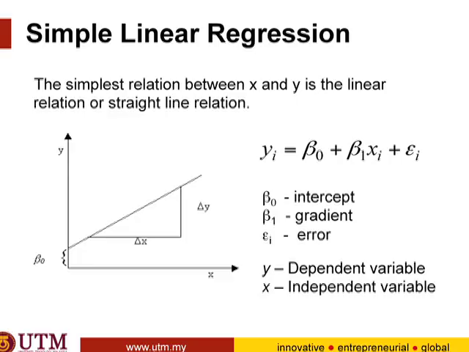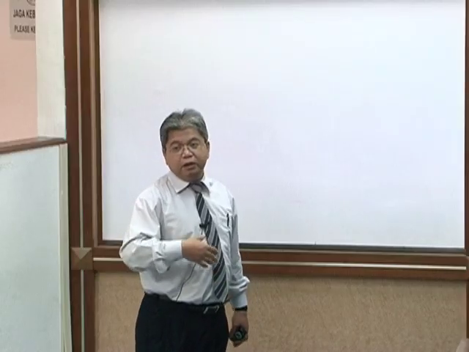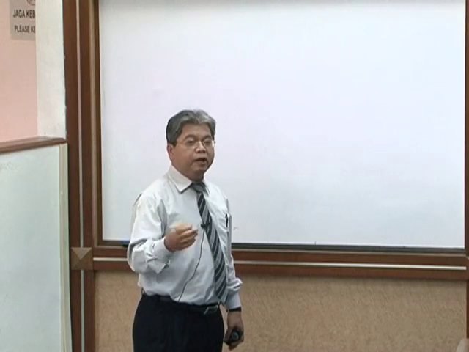Sorry. X is independent variable because its value is not determined by other parameters. It's independent variable because its value is not determined by other parameters, unlike y, which is very much dependent on x.